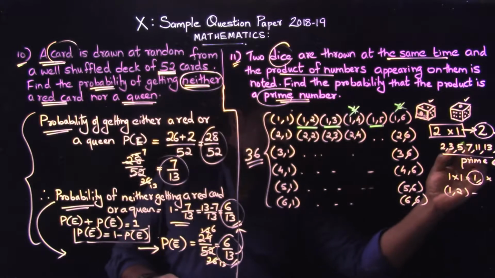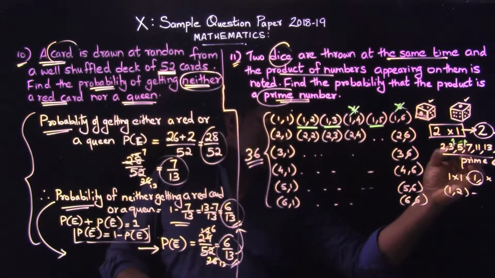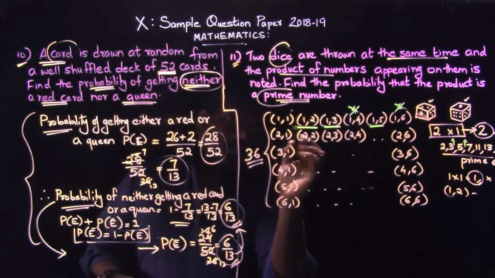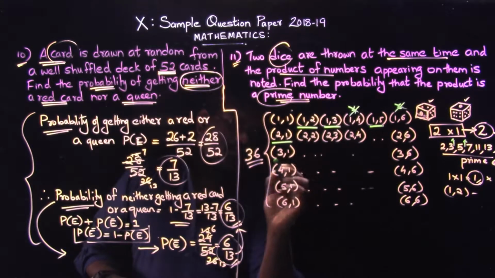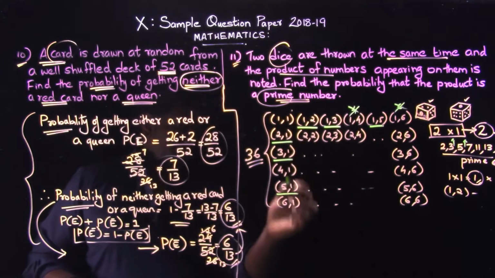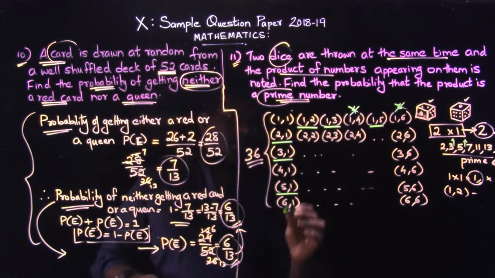Are 4 and 6 prime? No, definitely not. Then you have 2 and 1, and you have 3 and 1 there. I don't think anything else is prime.